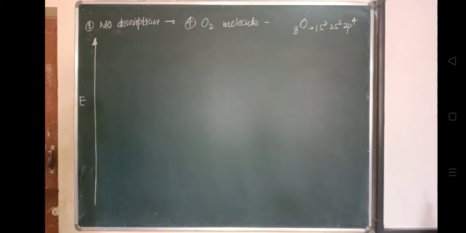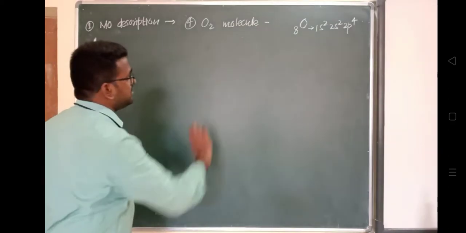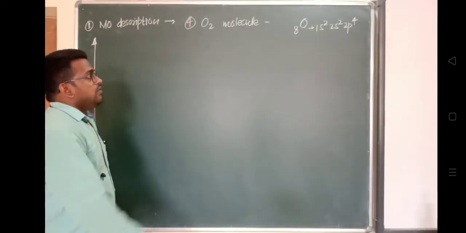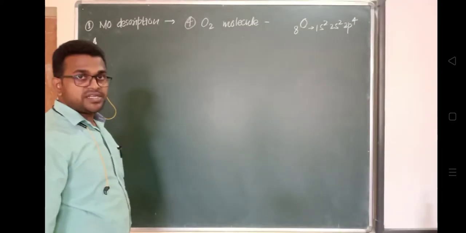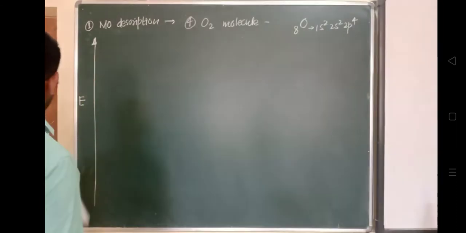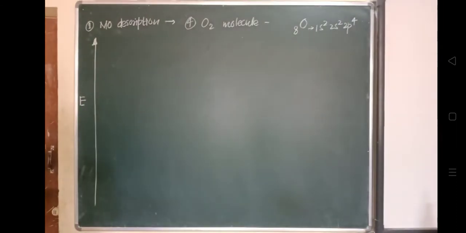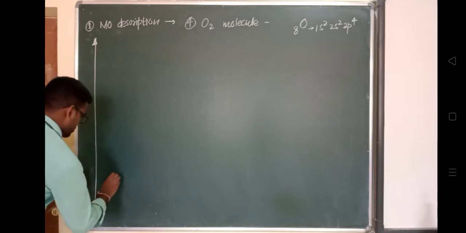The 1s orbital will take part in it, the 2s orbital will take part in it, and the 2p orbital will take part in it. So we'll see the structure first. This is the increasing energy level of the molecular orbitals.